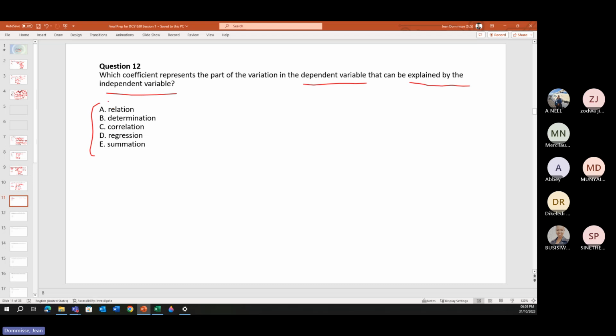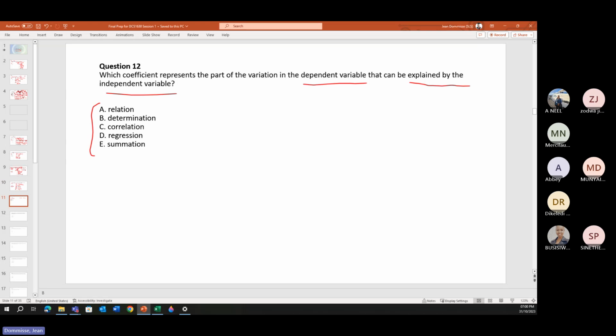Is it the relation coefficient, determination, correlation, regression, or summation? What would you say? You can just type in the chat, you don't need to unmute. And if you need to guess, that's fine.